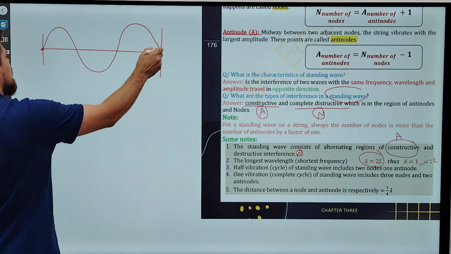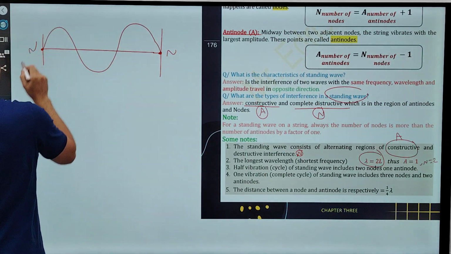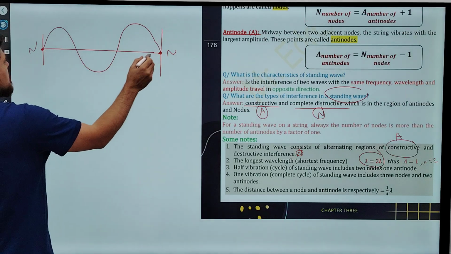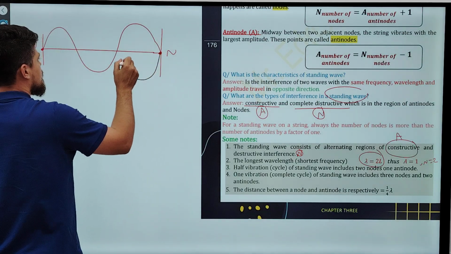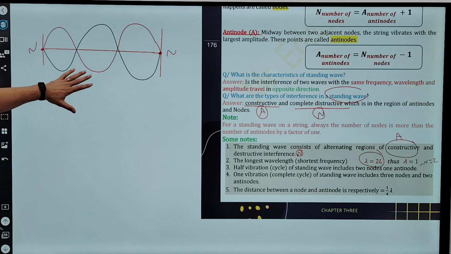In a standing wave in a string, the ends must be nodes, always. This is the incident wave and this is the reflected wave, and they produce the standing wave. This is an example of the standing wave.